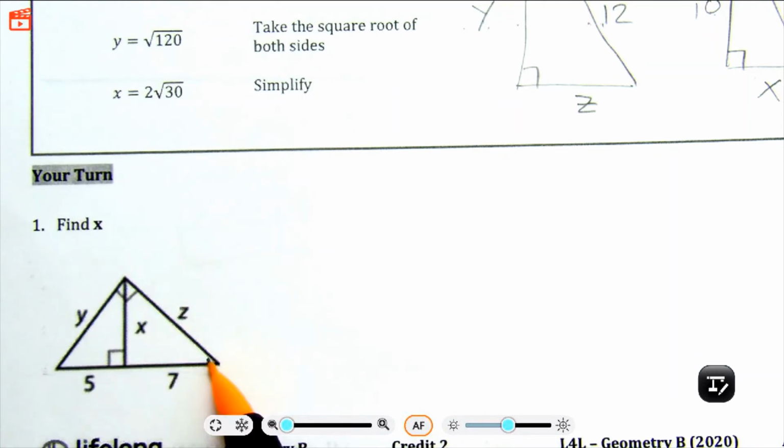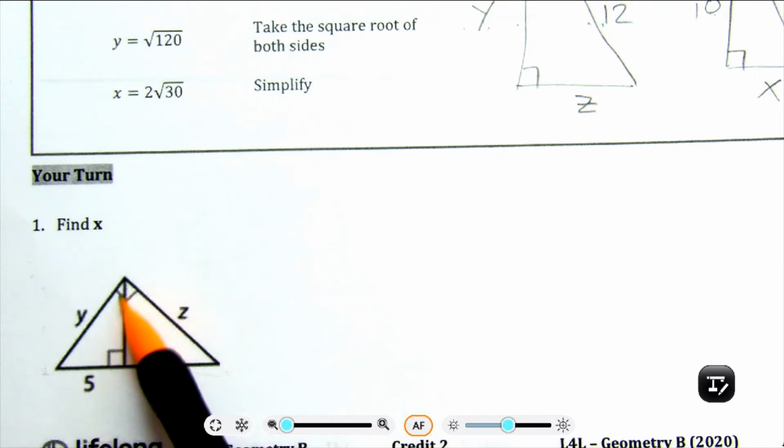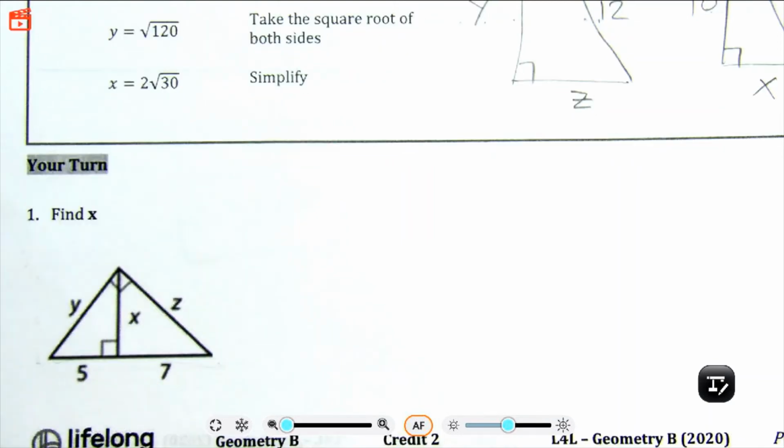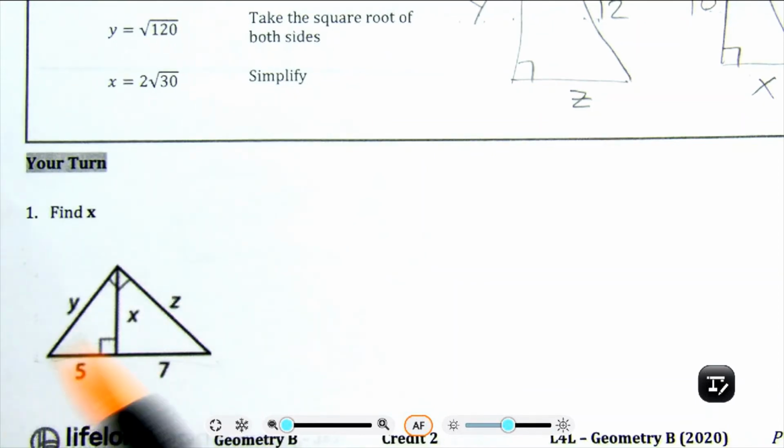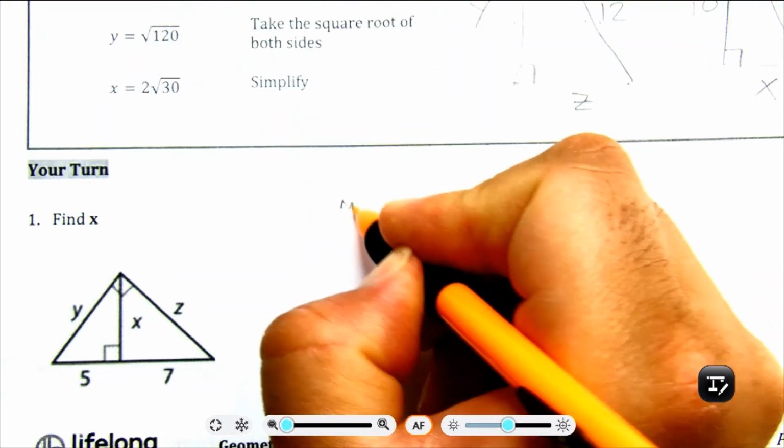And then we have our short triangle here. And what we want to do is find out what x is. So we're going to be using the medium triangle and the short triangle to find that. So let me draw those two triangles, the medium and the short.